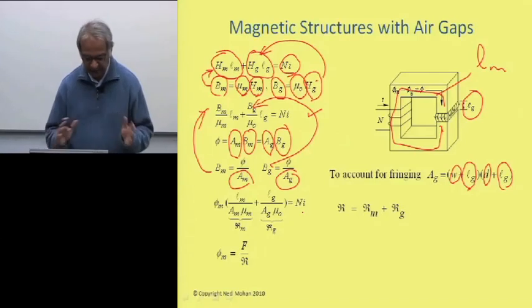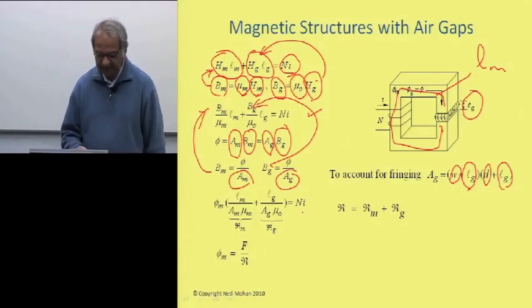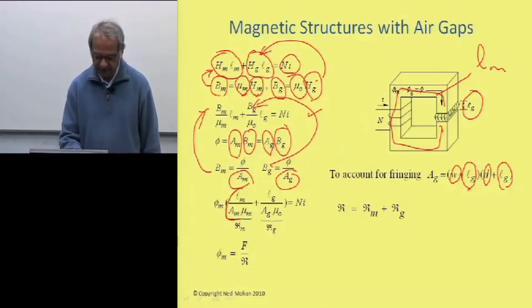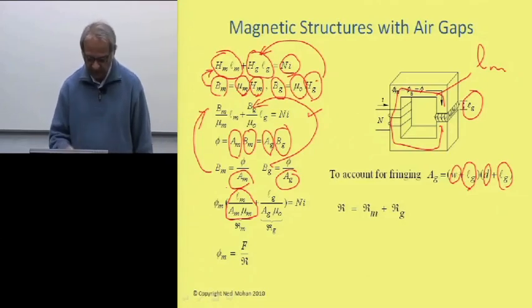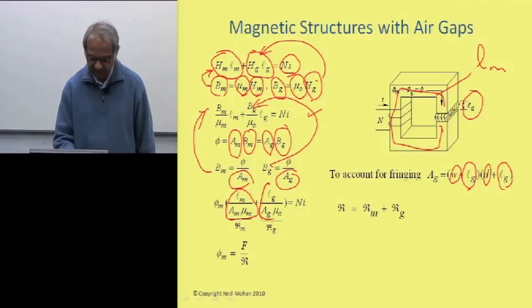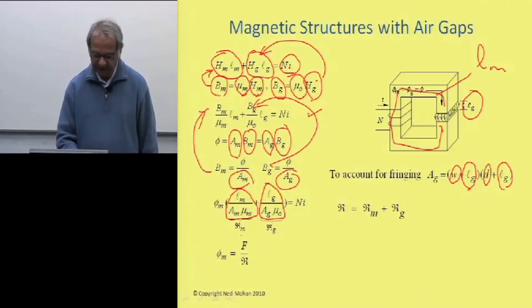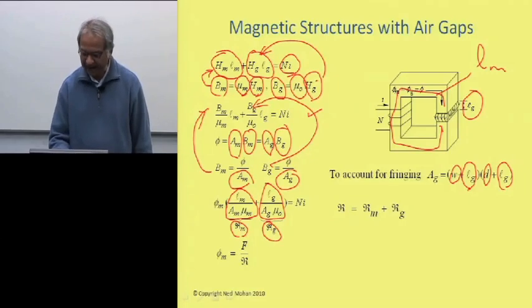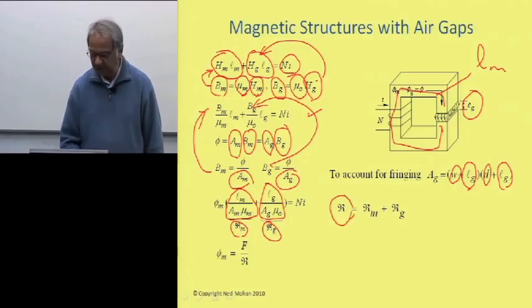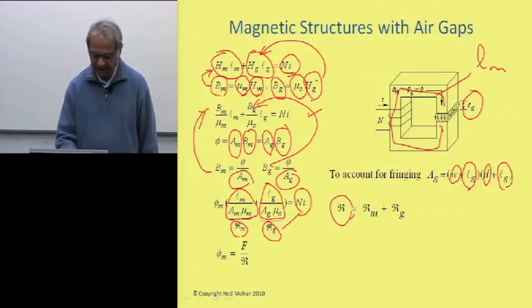And by properly arranging these terms, you can see that what we have is this term here, which is the reluctance for the flux lines in the core, and this term here gives us the reluctance of the air gap. So the reluctance of the magnetic path and the reluctance of the air gap add up to give us the total reluctance in this core, and the flux that we get is the MMF acting, F, divided by this reluctance here.